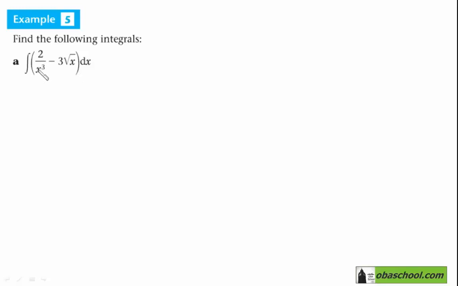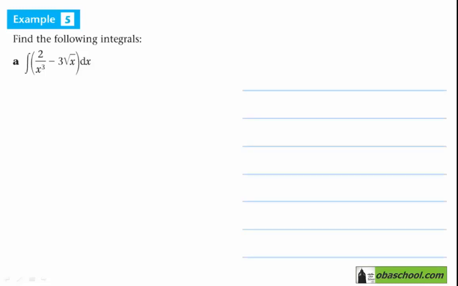As you can see, the terms inside the brackets are not in a familiar form, because we have x and then a square root in the denominator of the first term. So let's rewrite this expression so it becomes more familiar. 2 over x cubed, using the index rules, is the same as 2 multiplied by x to the power minus 3.